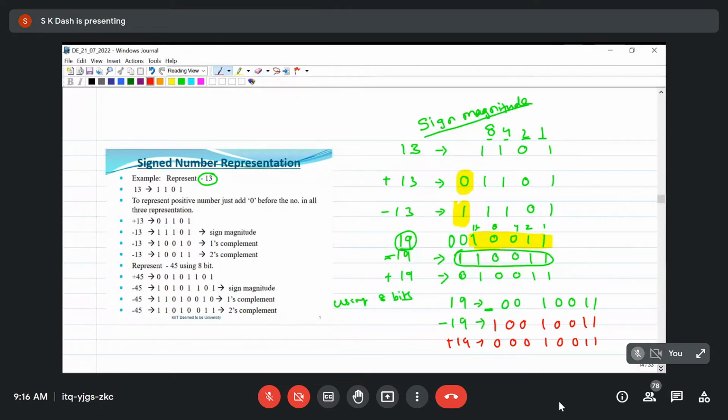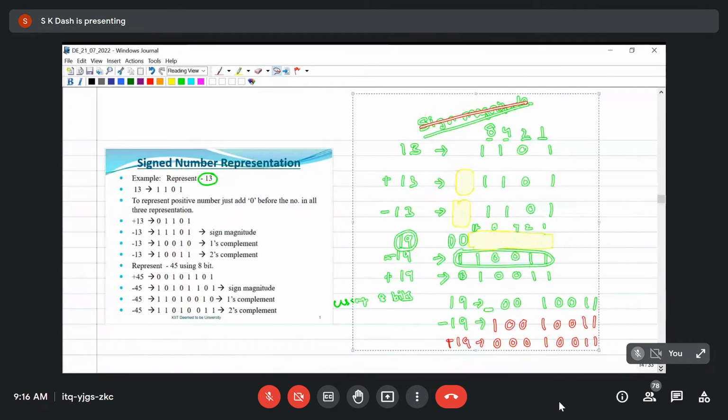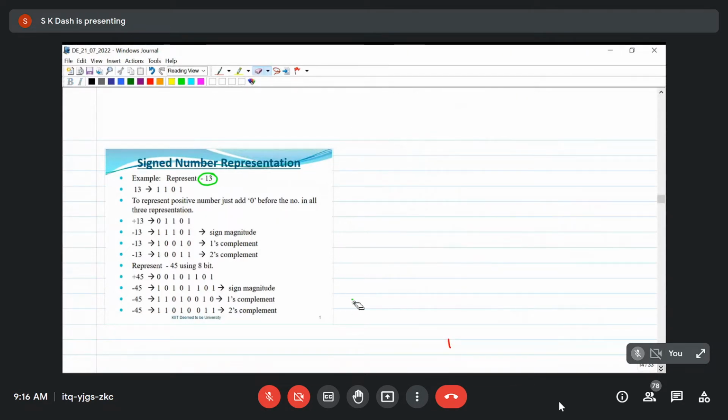Okay. Now, one second. Let me clear all this. Suppose I wrote this, and I am representing this number using sign magnitude representation. So what will be this? 000 is plus 0. 100 is not plus 4.